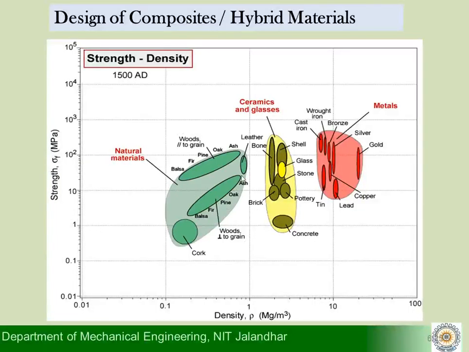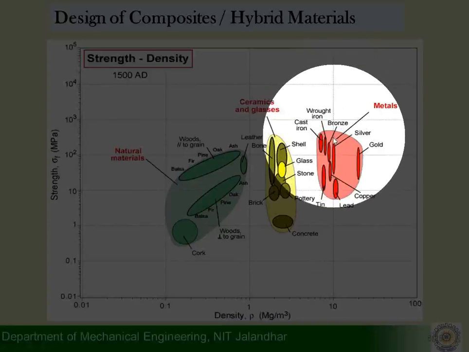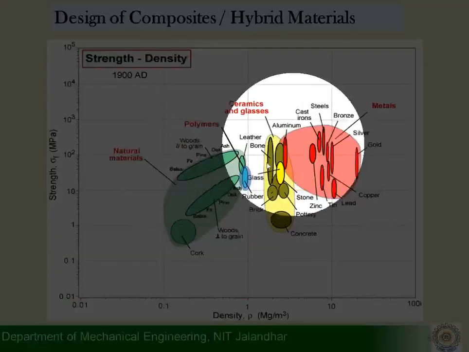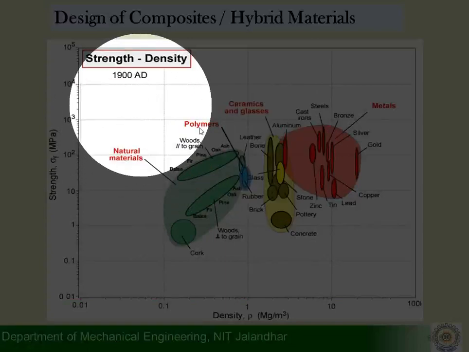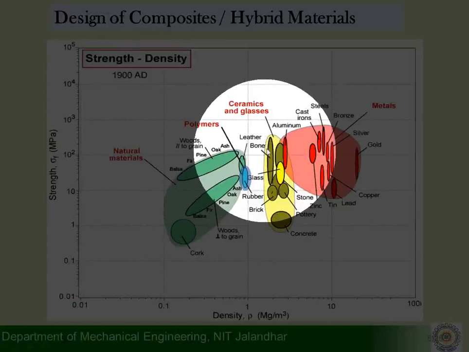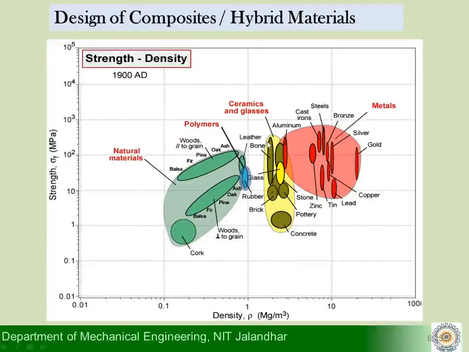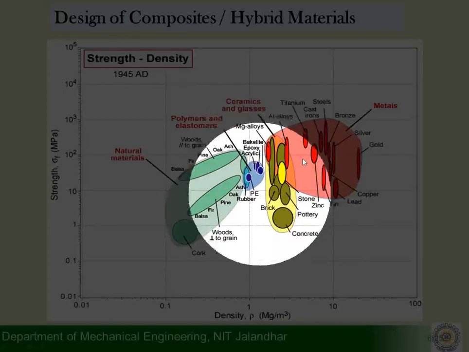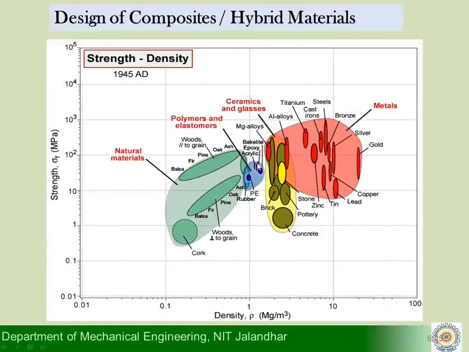Moving further ahead, we find some of the metals category has been expanded by now. Going further, and just around 100 years ago, we understand now that a few more metals have come into the picture. And then just around 80 years ago, around 70 years to be specific, we have a few more additions to this materials chart here. The empty space is getting filled here.